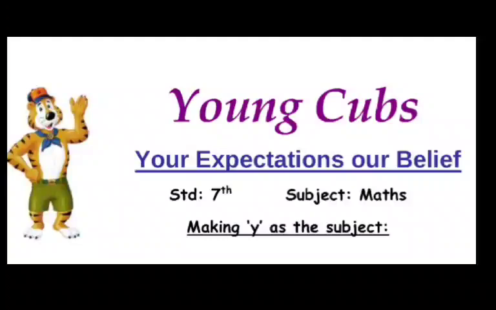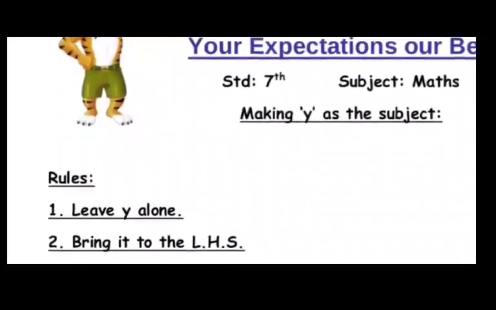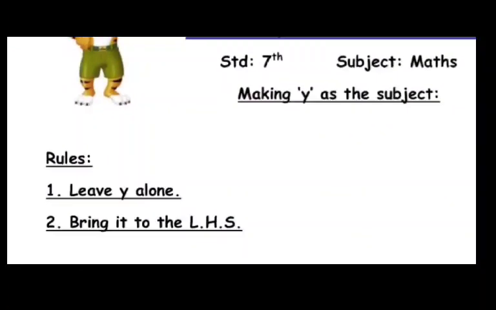Today, I have got for you another very interesting topic called Making Y as the Subject. Before starting, let's just jot down the rules for making Y as the subject. So, the rules say leave Y alone.